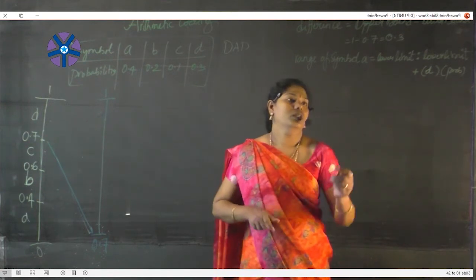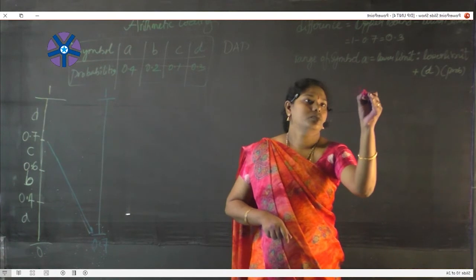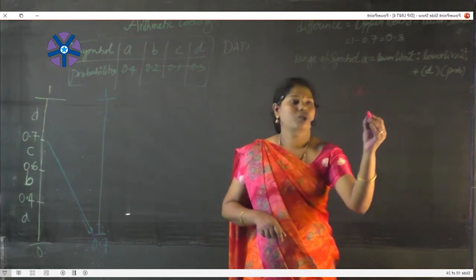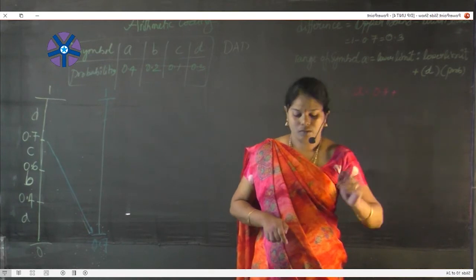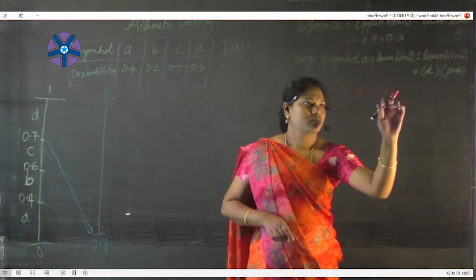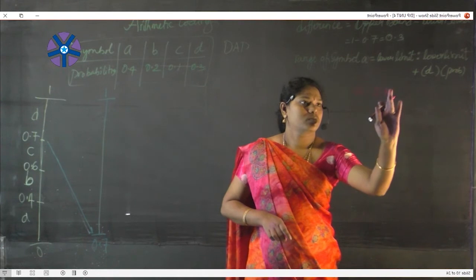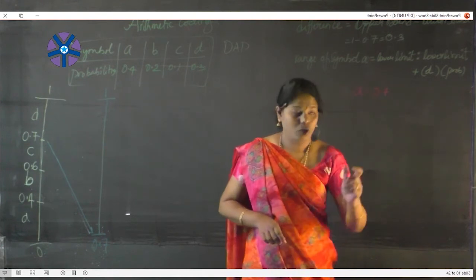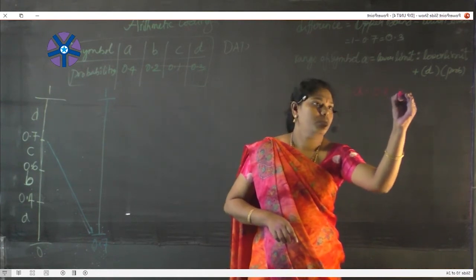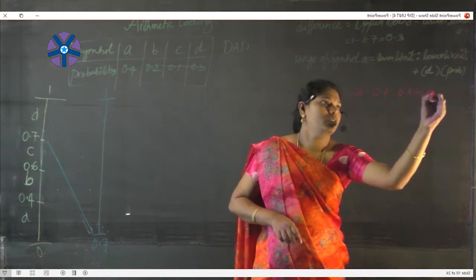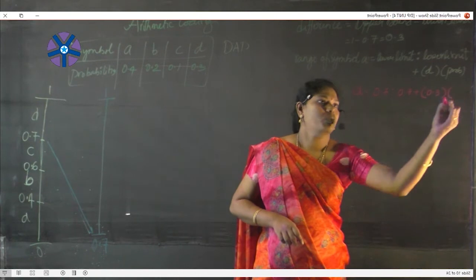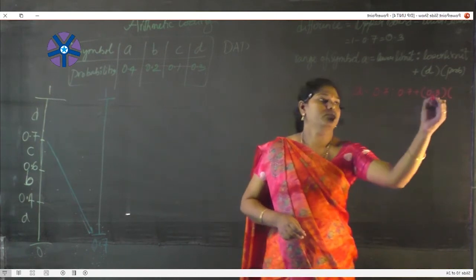For the symbol A, the lower limit is 0.7, so 0.7 colon 0.7 plus the difference 0.3 into the probability of A, which is 0.4.